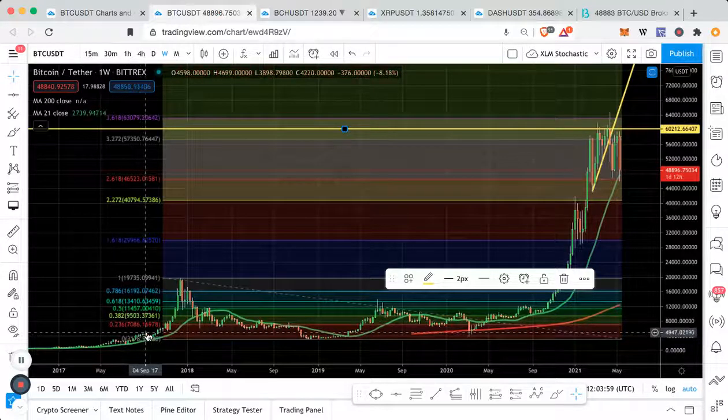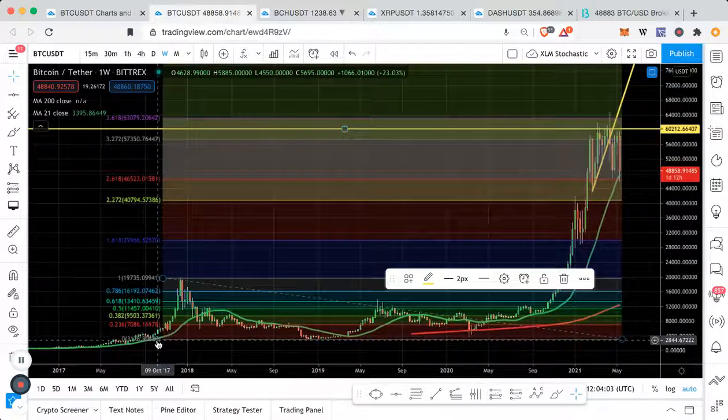We moved up again to about 4,900 and came down again to the 21-week moving average, which was 3,265. So again, that was close to a 30-something percent dip.